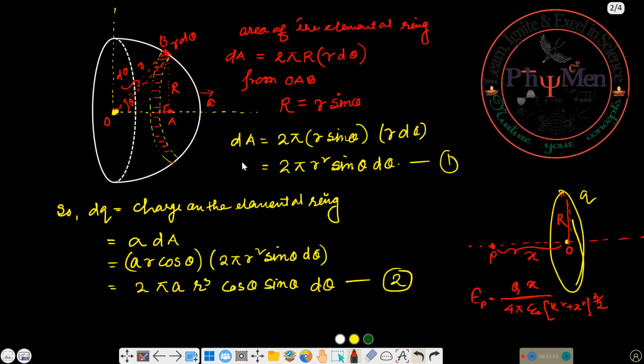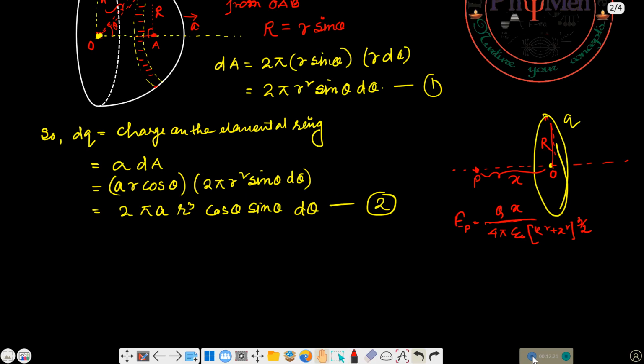Now for our case, x equals AO and r equals r sin theta.